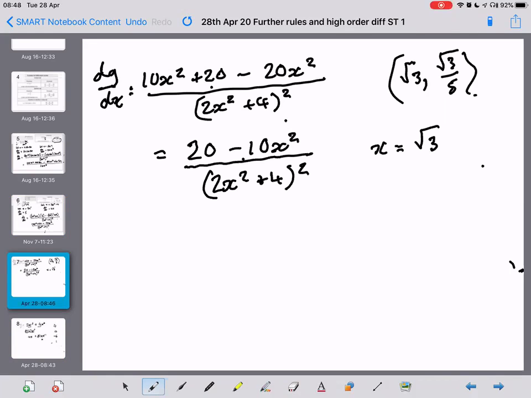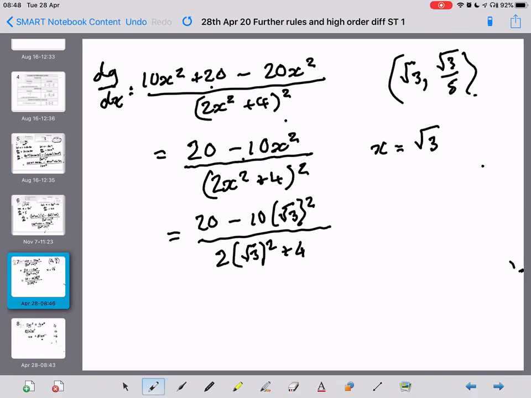What we do is we write this out, but everywhere we see x, we write root 3. So it's 20 minus 10 times root 3 squared over 2 times root 3 squared plus 4 all squared. If you put that in your calculator, you should get the answer. Just try it, minus 1/10.